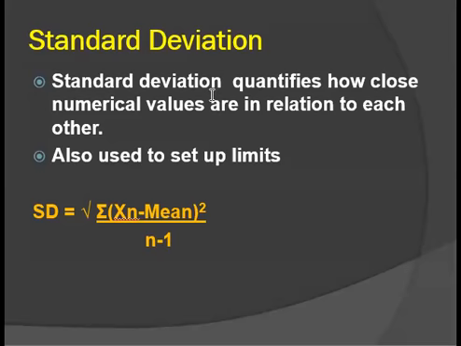So if you have solved and acquired a low standard deviation, then that implies that the data points are very close to the what? To the mean. Okay? Kapag naman po mataas yung standard deviation, then it implies that the data values or the data points are spread out over a large range of values. Okay? So this is now the formula for standard deviation.